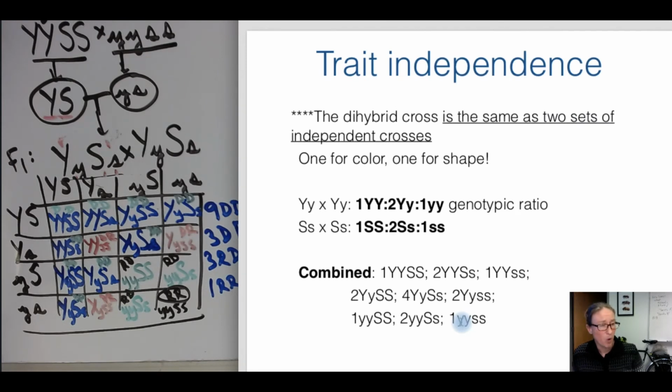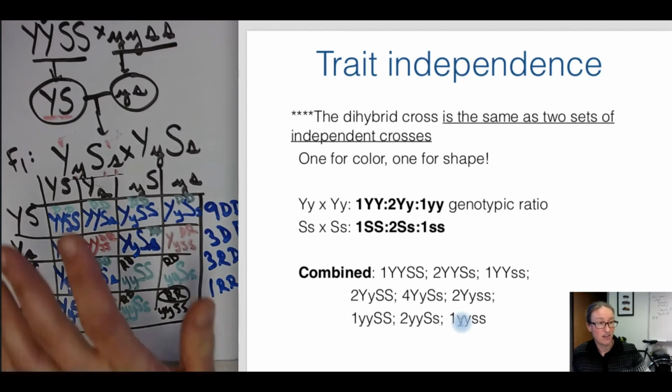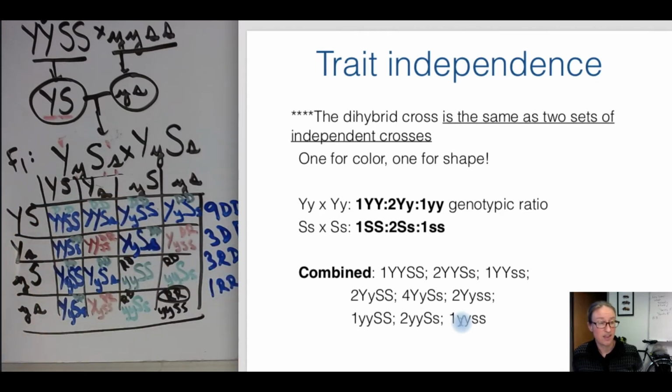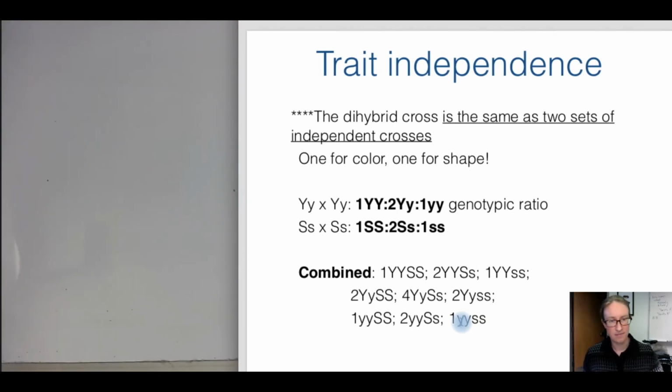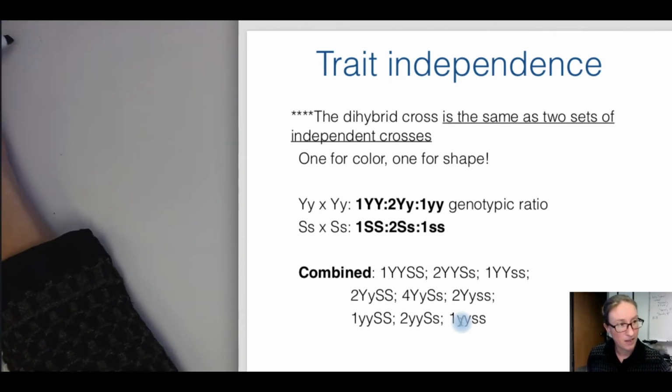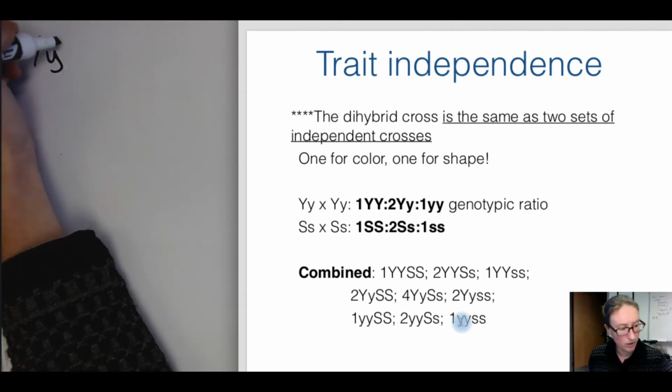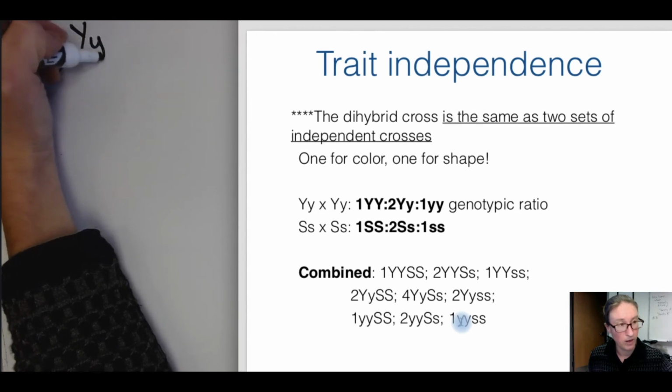And so what I want you to think about here is that having done this dihybrid cross, that's actually the same as doing 2 sets of independent crosses. 1 cross for color and 1 cross for shape. So as I've shown you here on this slide, we can look at this in a different way and go big Y crossed with big Y little y.